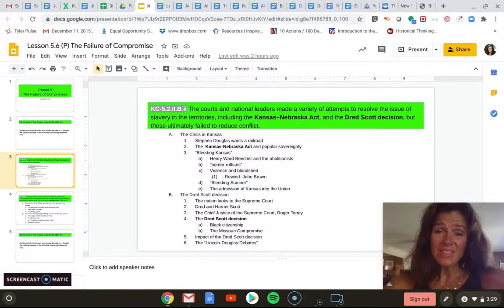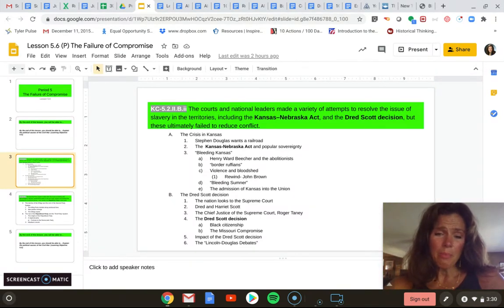Needless to say, the bill is opposed by the Northern Whigs, and it is opposed by this new political party called the Free Soilers because it would potentially open up this area to slavery, and this area had been closed since the Missouri Compromise of 1820. So for some 30-some years, the area had been closed off.